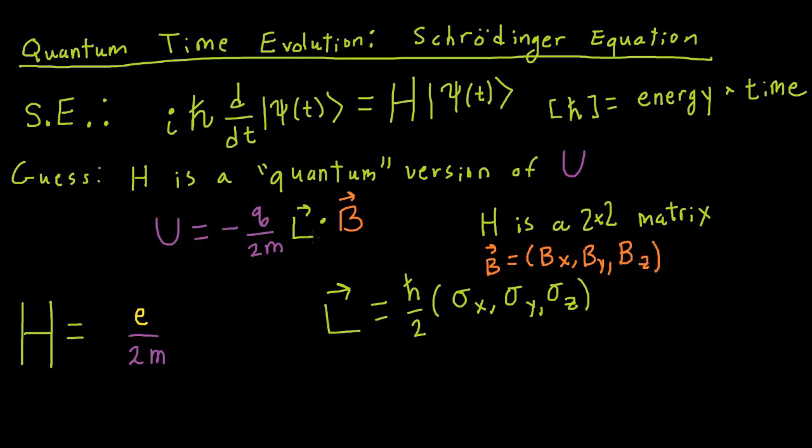So when we see classically L dot B, how are we going to translate this in our quantum case here?